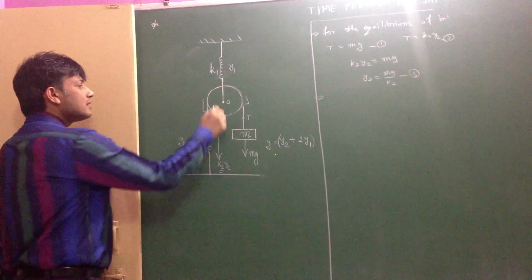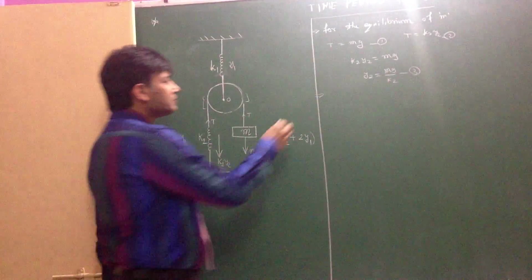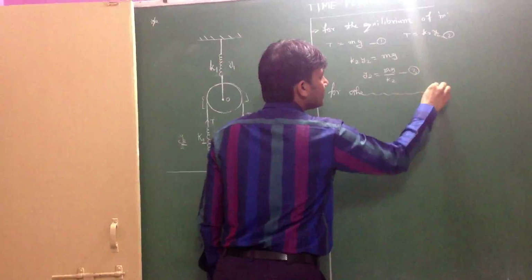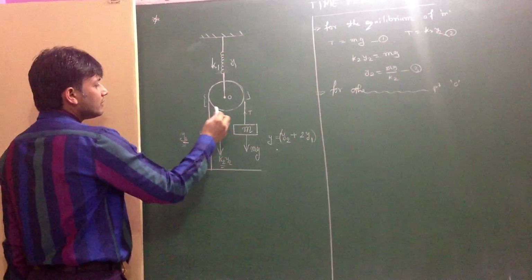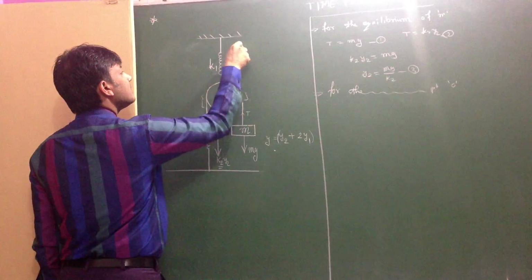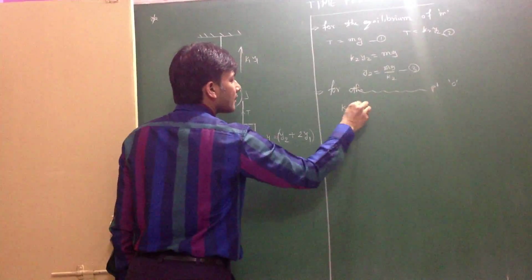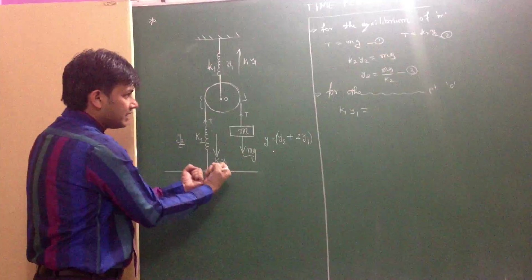Now let us consider this point O. Point O is also in equilibrium. So for the equilibrium of point O, the only force acting in the upward direction is K1y1, and these two forces are acting in the downward direction.